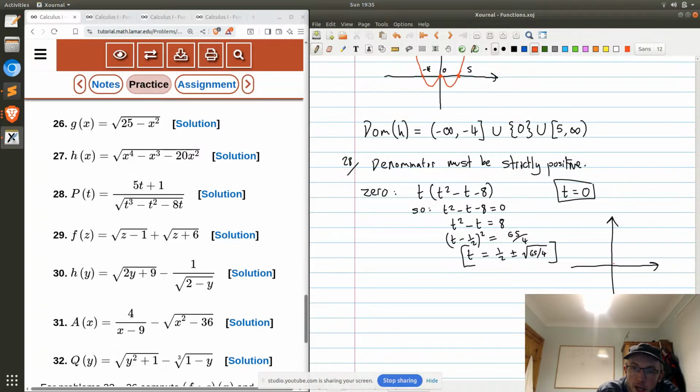So it passes through a half plus the square root of 65 over 4, which is somewhere over here. I don't know where. Well, that's about 16-ish. So it's about 4-ish. So it's somewhere like there. Okay, fine. There are the roots. All right. And it will have this shape here, just like this.